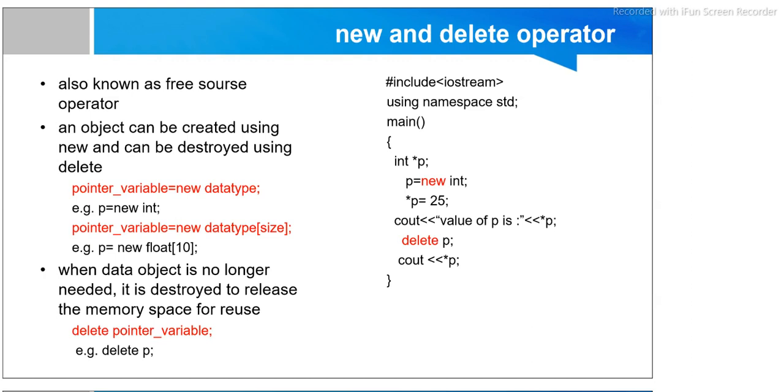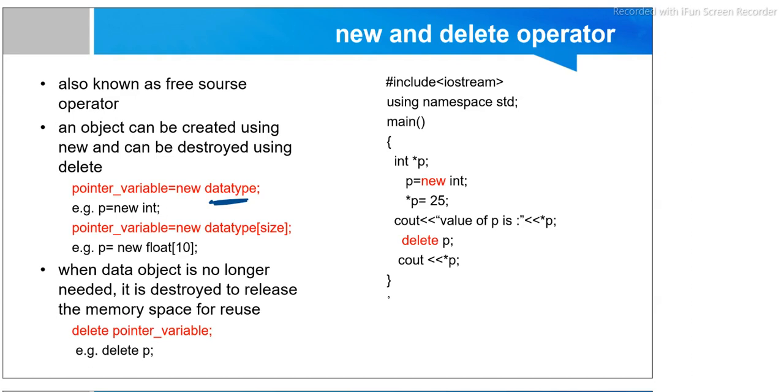The syntax for the new operator is: pointer variable equal to new data type. Here we specify the pointer variable name, which will be assigned the new space, and this much data type memory will be reserved for storage. For example, p equal to new int.